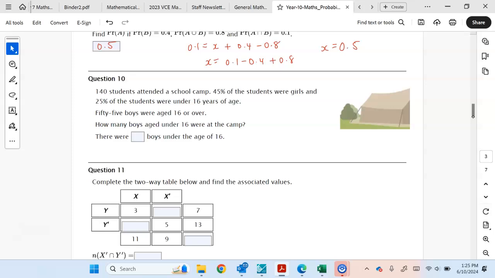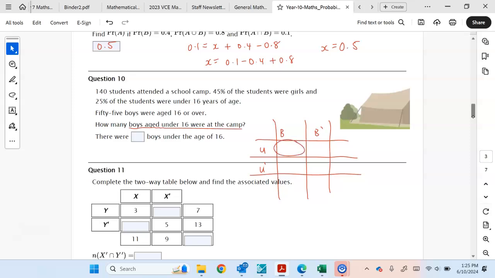Because we're focusing on boys, let's do boys, not boys, and under 16, not under. We're wanting how many boys aged under 16 were at the camp, so we want this value here.